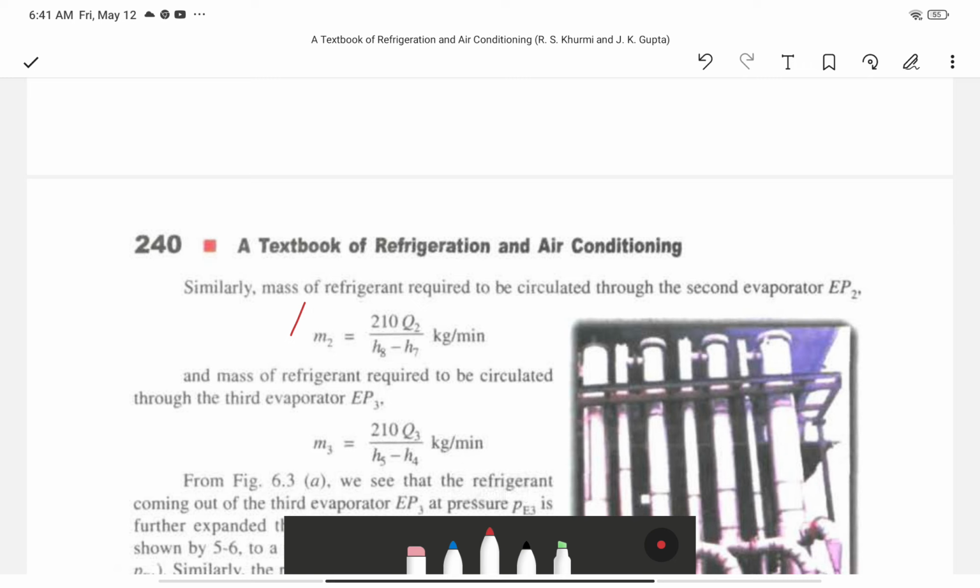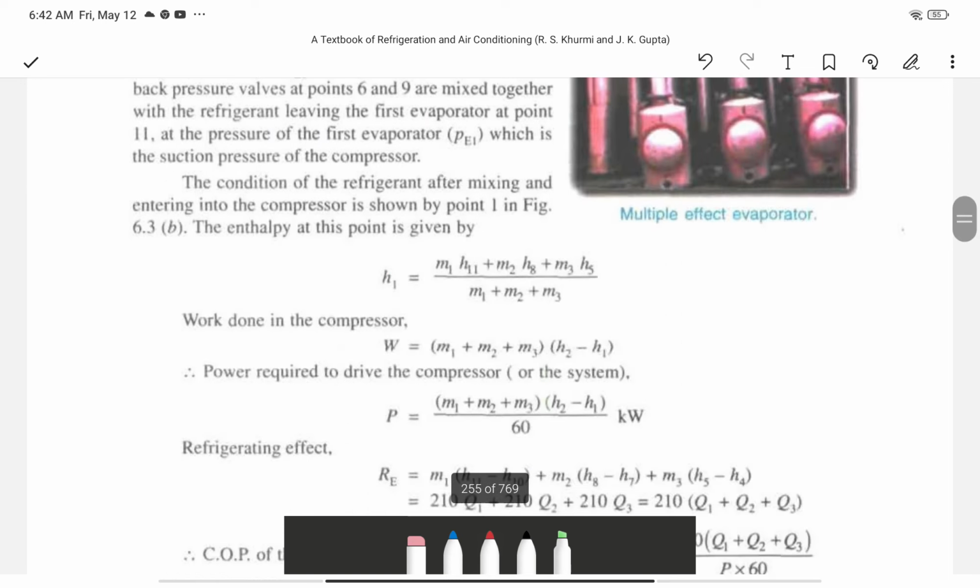But take note, you have to see it from the pH chart. They are not the same. That's the difference from the first system that we had, because they have different temperature requirements, thereby their enthalpies are now different, and their pressures as well. Then you do the same.